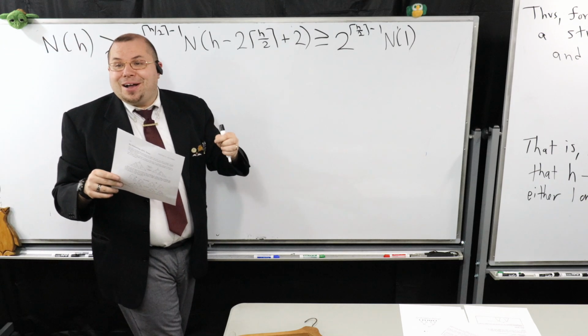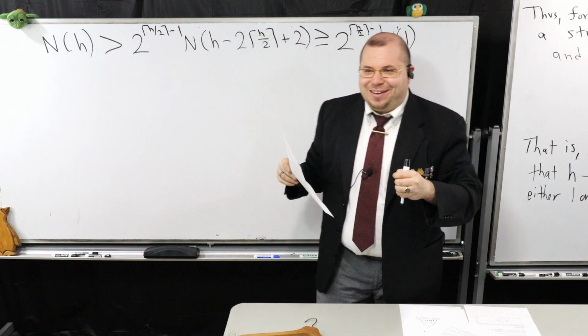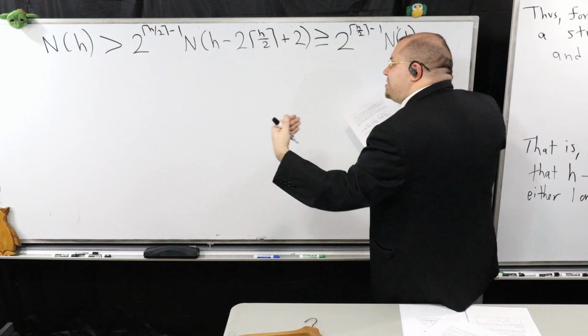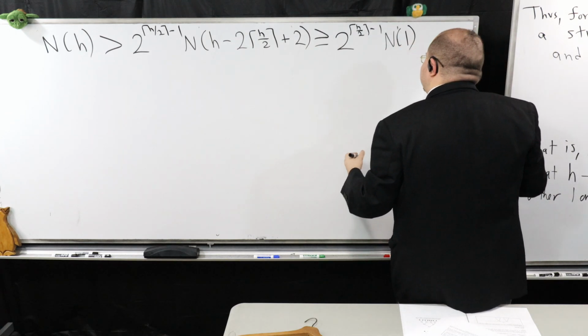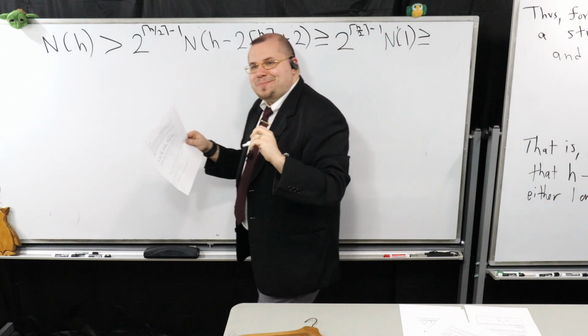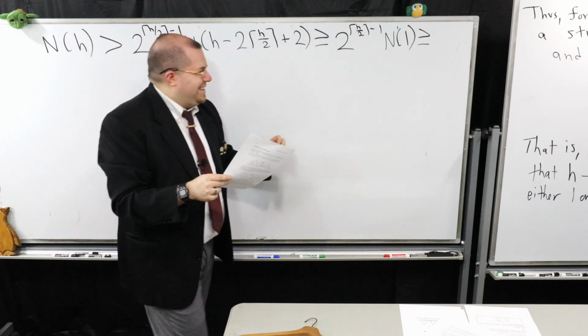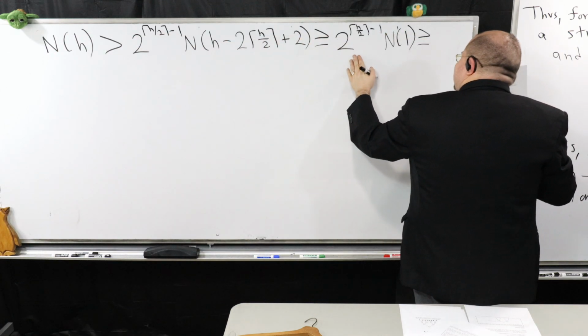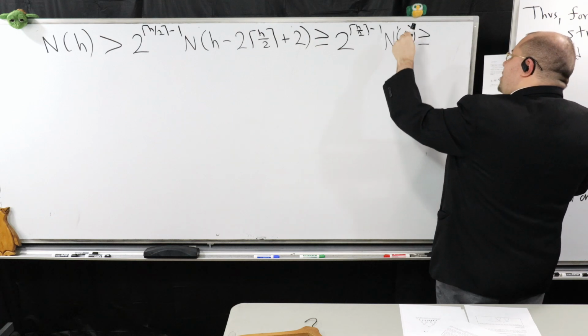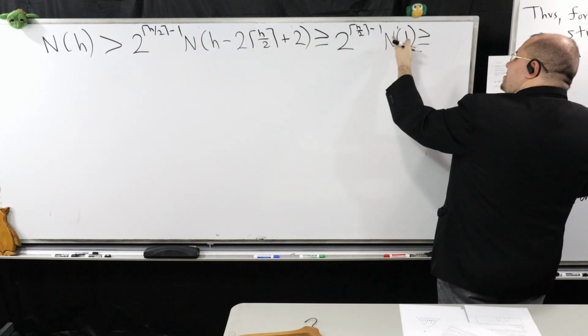Don't worry, I'm not going to ask you to derive this on your own. I'm just showing it to you so you see how you can prove this. This is one of several different ways you can prove this. So I have 2 to the power of the ceiling of h over 2, minus 1, times n of 1. But this is just 1.